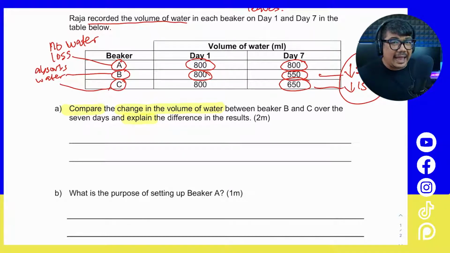While we were looking at the table and asking ourselves why there was this difference of 100 milliliters, we already mentioned that there are more leaves on the plant in beaker B. Because of more leaves, the rate of photosynthesis will also be faster. Photosynthesis requires water, so the plant will absorb more water in order to photosynthesize. Because of that, the water level decreased more compared to the plant in beaker C. So how are we going to write this answer down?